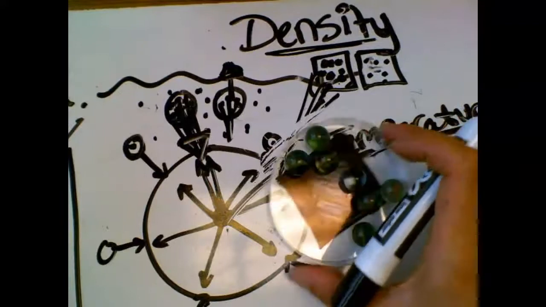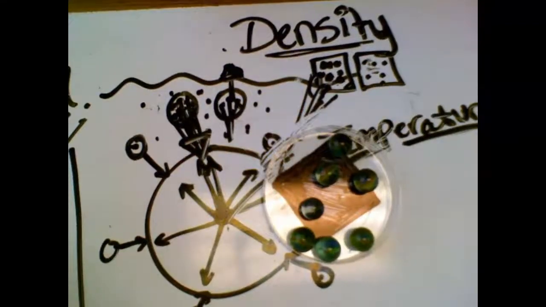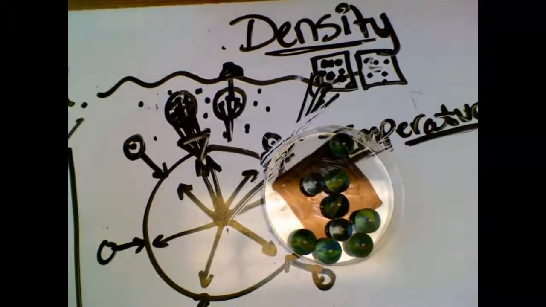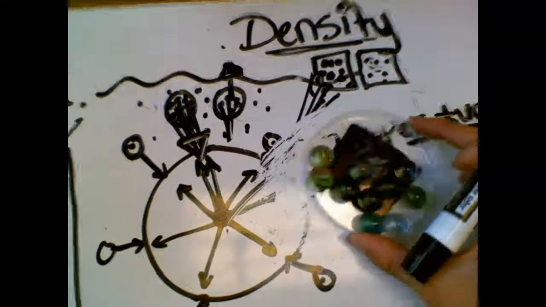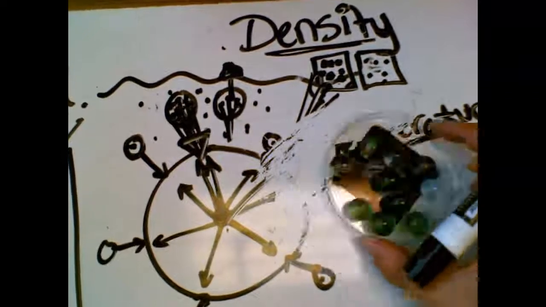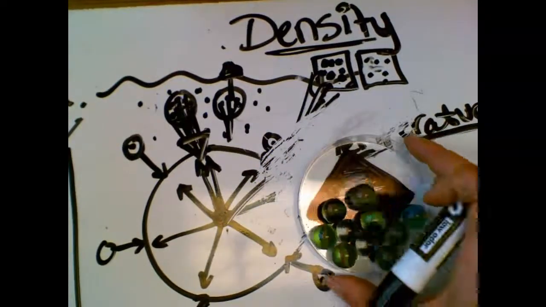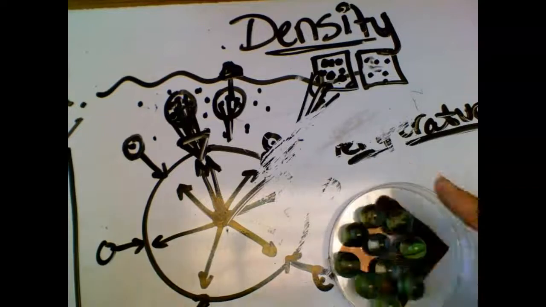So the warmer something is, the faster the molecules, we'll say the marbles are molecules, are moving, the more they hit each other and the more they spread apart. So there's more space between them, so they're going to be less dense.